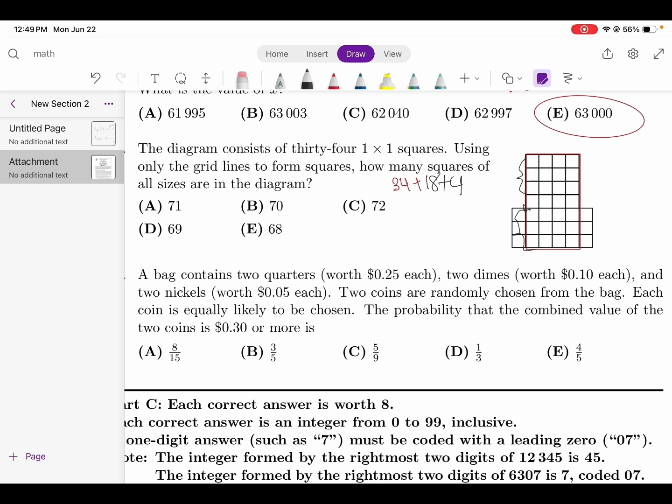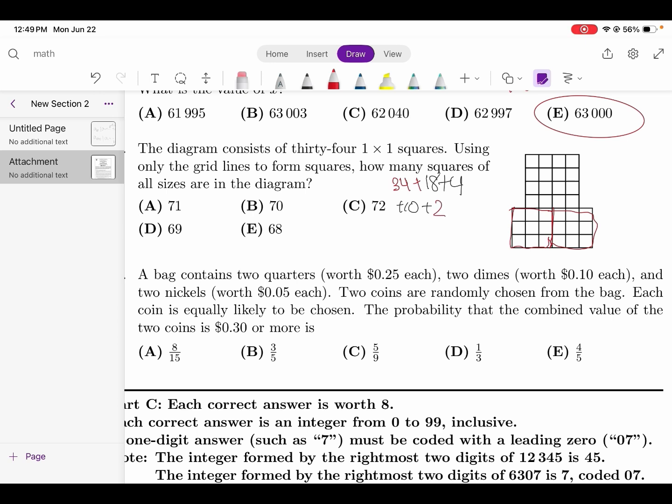So if you multiply 5 by 2, that would be 10. And then for the ones that are not included in that rectangle, there are this and this. So you add 2 to that.